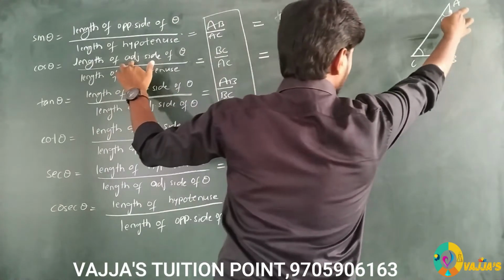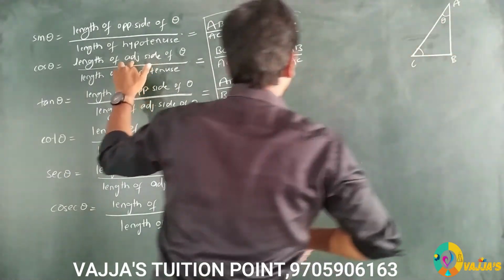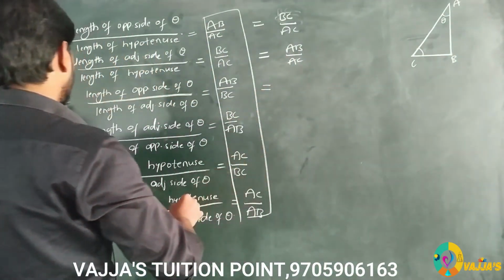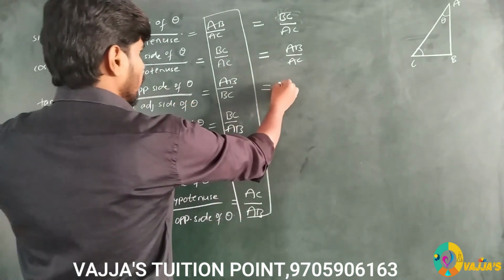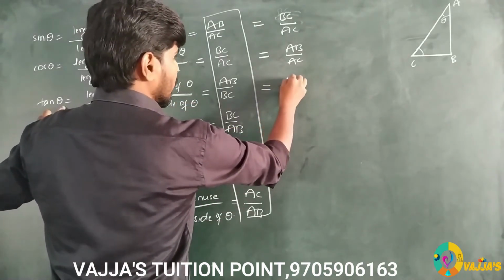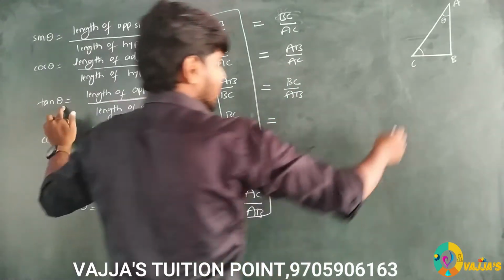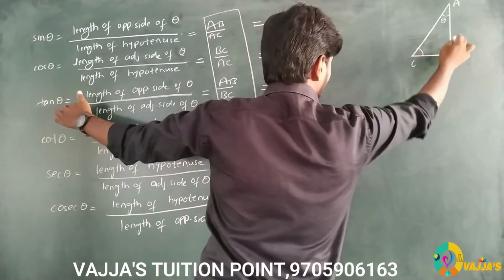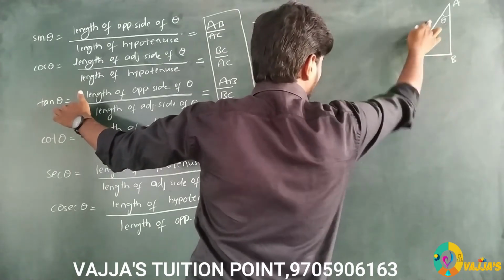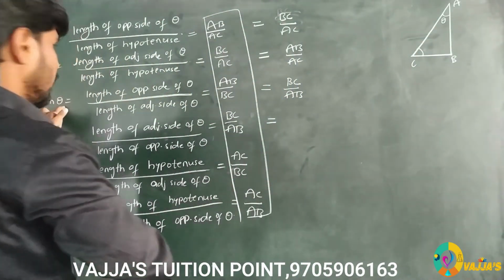This is the adjacent side to angle theta. Next tan theta is nothing but opposite by adjacent side. Theta is here, this is the opposite side, and this is the adjacent side. Hypotenuse always remains the same.